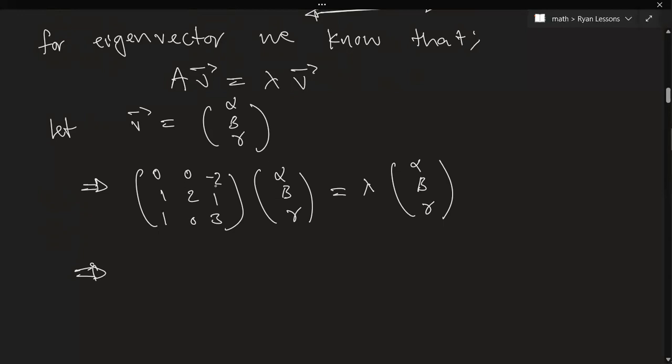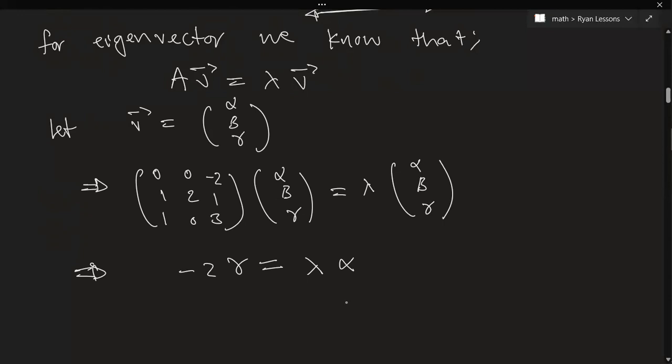When we multiply this out, we can take this row or whatever row, it is up to us. The first one that I'll decide to take is to multiply the first row first and see what I get. So here I'll get negative 2 gamma is equal to lambda alpha, like that.